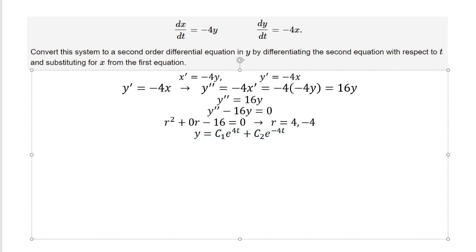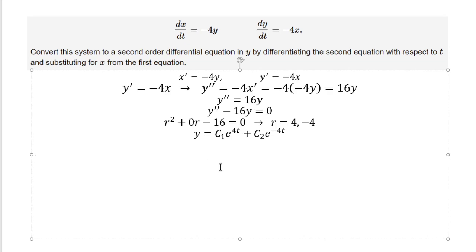And then in order to get the value for x, you have to plug this into the left side and solve this differential equation. Okay? Actually, this is easier. I think x is negative 1/4 of y prime.